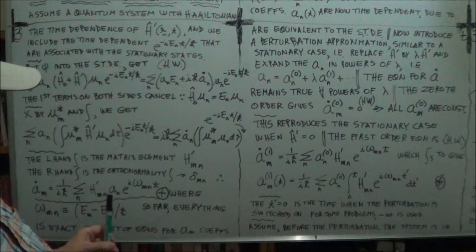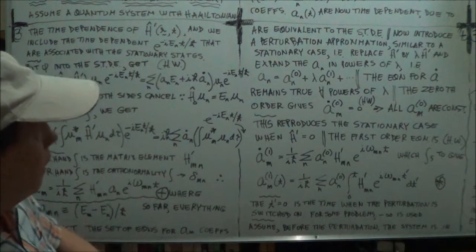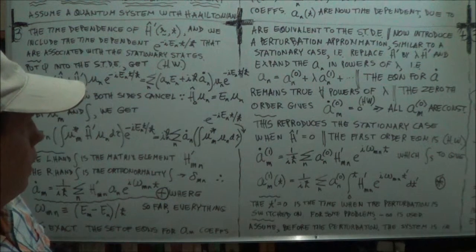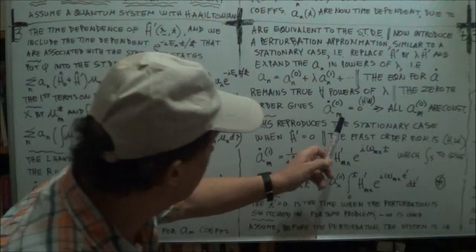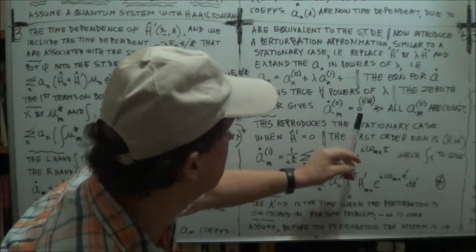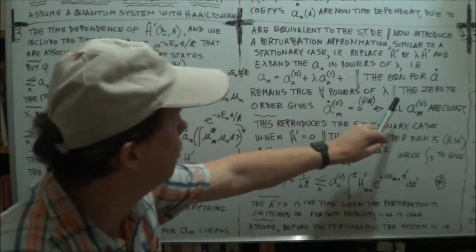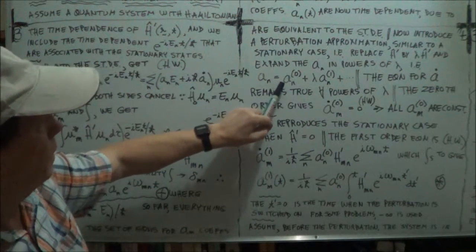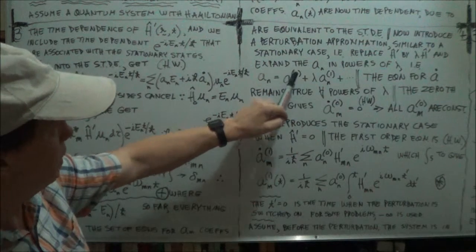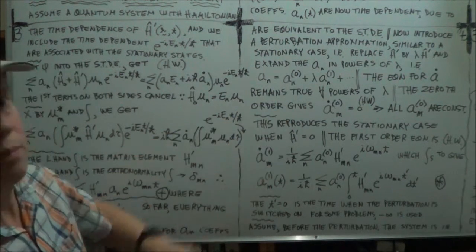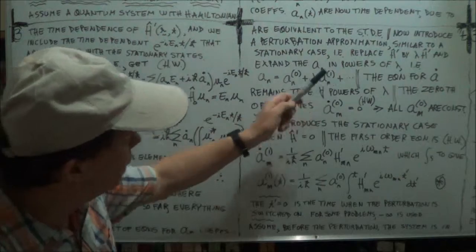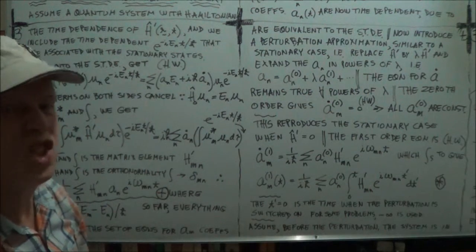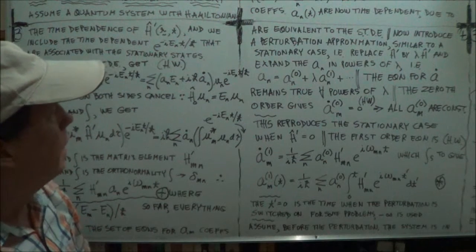Work it all out, and let's see what happens. Well, let's do it for 0th order first, so lambda to the 0. Try and find what a to the 0 comes to. So plug this and plug that into your time-dependent Schrödinger equation. Equate.